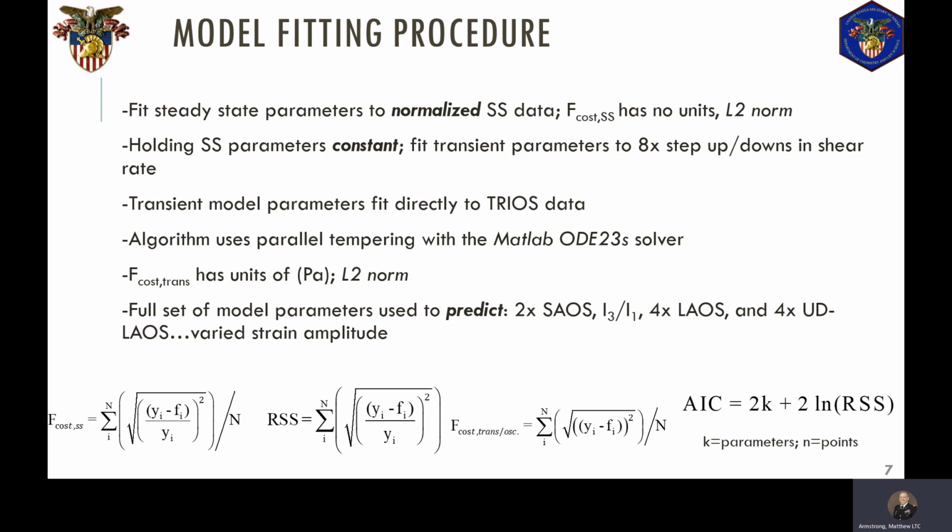And we've developed a code that will directly take the logarithmically spaced data from TRIOS and fit that directly using a global stochastic algorithm. At the bottom, we can see the formulation of our cost functions.